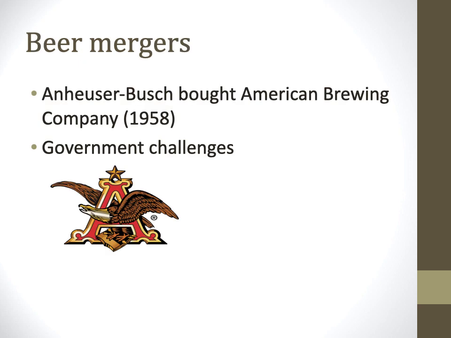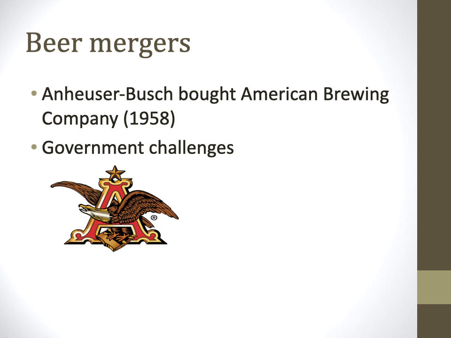In 1958, Anheuser-Busch bought a small Miami brewer known as American Brewing. The government challenged that on antitrust grounds, and again, this is among the strictest eras for merger enforcement. And the court found in favor of the government, found against Anheuser-Busch.